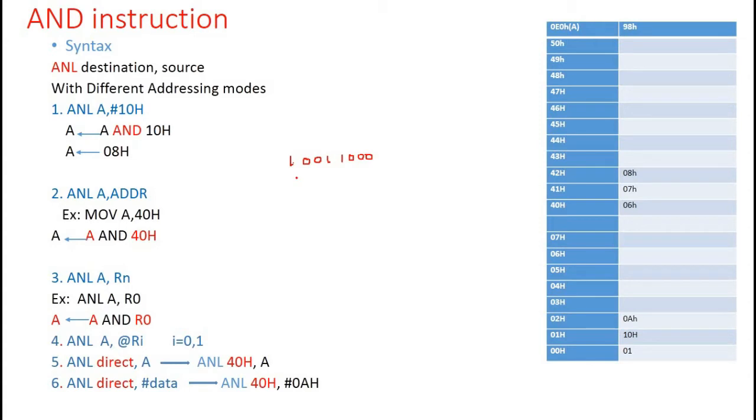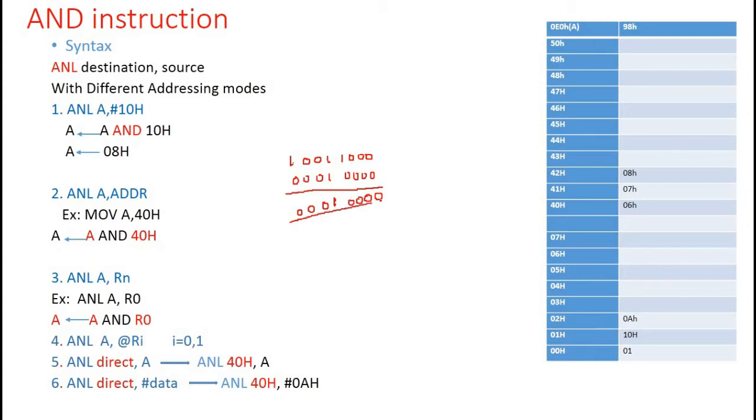And 10H is represented as 0001 and 0000, right? And we all know the AND operation: if any one of the inputs is 0, the result will be 0. So it is 0, 0, 0, 0, and here it is 1 and 0, 0, 0.